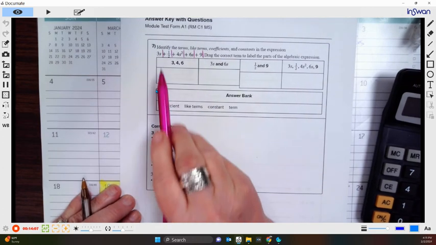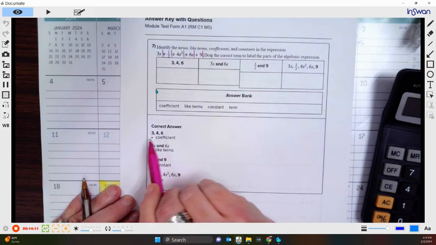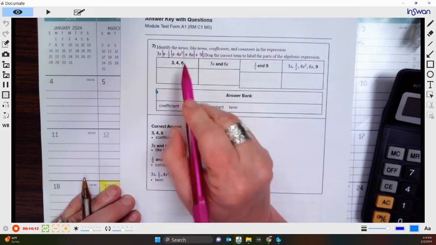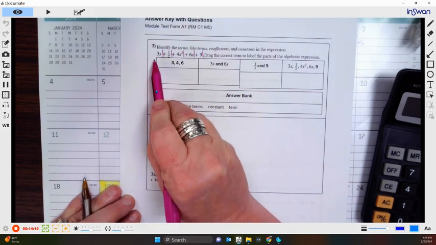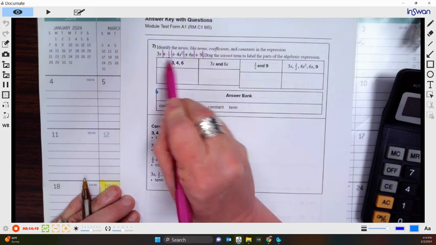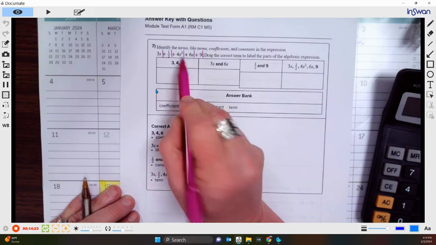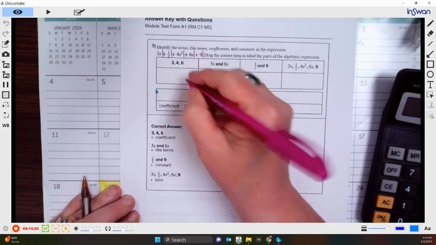We're looking for the terms, the like terms, the coefficients, and the constants. So if I look at this, the 3, the 4, and the 6 up here, all of those numbers are with a variable. So anything that is with a variable is a coefficient.